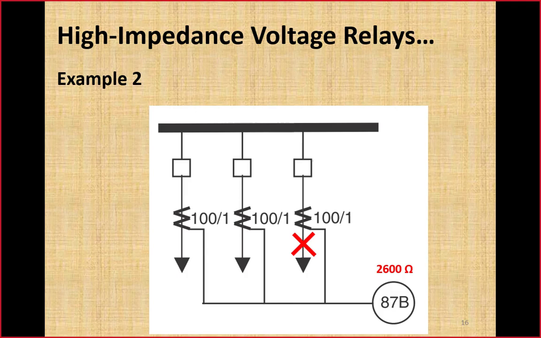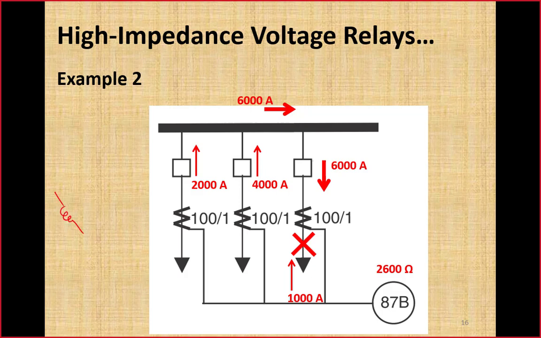If we assume an external fault here, this is the path for the flow of current. So contribution from bus side is 6000 ampere, and if I redraw the circuit quickly here, this is the magnetization branch of the first circuit in series with the impedance, then again impedance and the magnetization branch, and then the series high impedance voltage relay, that is 2 ohm, 2 ohm, 2 ohm, and that is 2.6 kilo ohm.